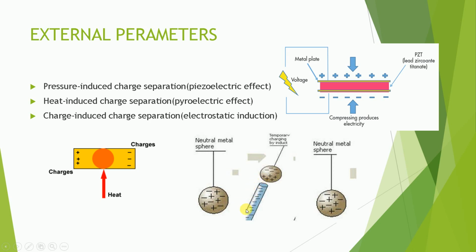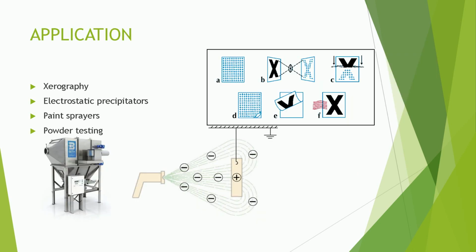When a negatively charged electrode or rod is kept near this ball, the negative charge present inside the ball will be repelled by this negatively charged rod. Only the positive charge present inside the ball will be attracted. This is nothing but the electrostatic theory. And let me talk about applications.